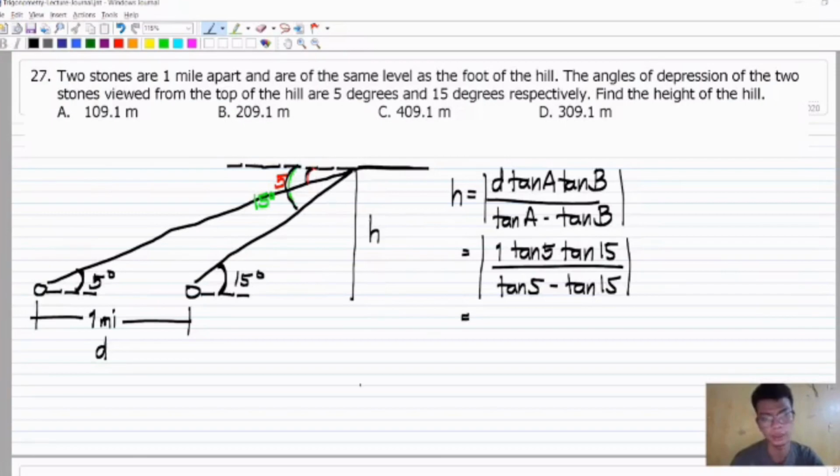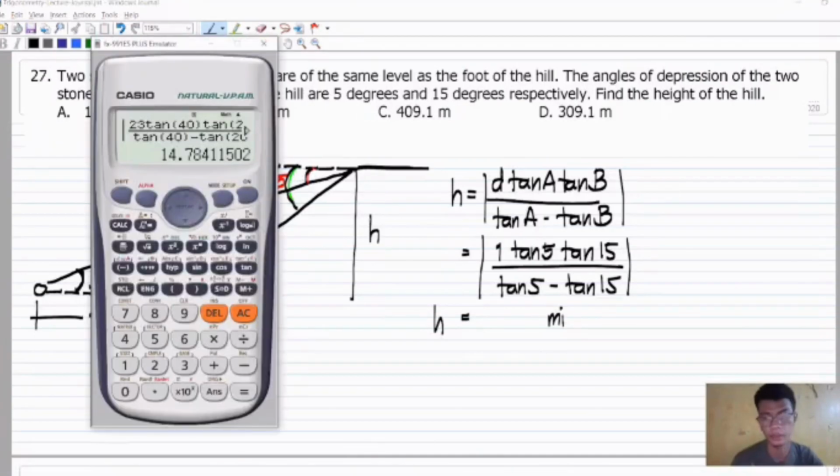So, makukuha natin dito is the h in miles. Diba? Absolute value. So, palitan na lang siguro natin dito. 1 mile magiging tangent 5 and tangent 15. And sa denominator, tangent 5 minus tangent 15.